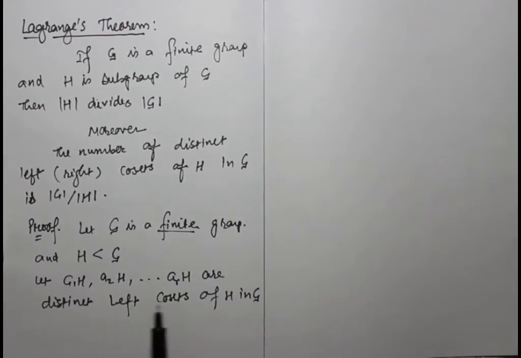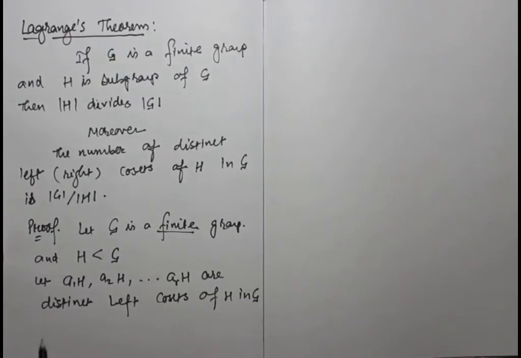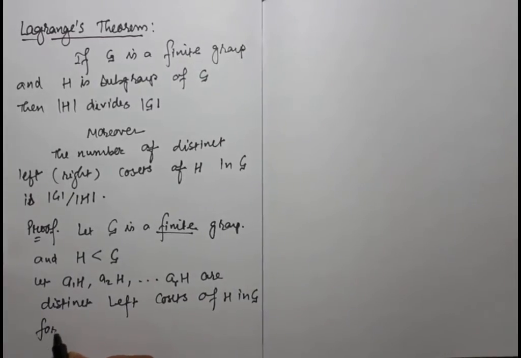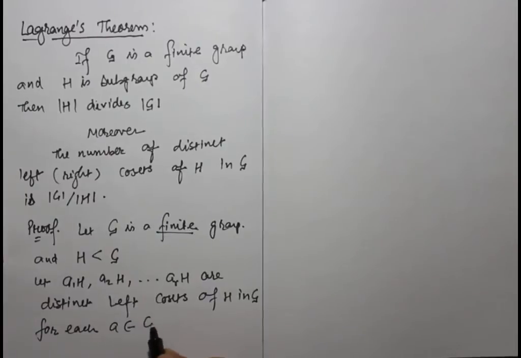If you define right cosets, you must define every coset as a right coset. Here we are defining left cosets, and they are left cosets which are distinct, for each A belongs to G, G being a group.